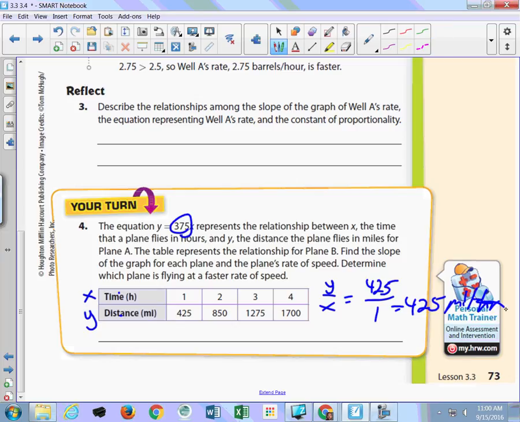And everybody knows MPH. So 425 miles per hour, or 375 miles per hour. Which one's bigger? Well, 425 is. So plane B is flying faster. This was A, this one was B. So plane B is faster.